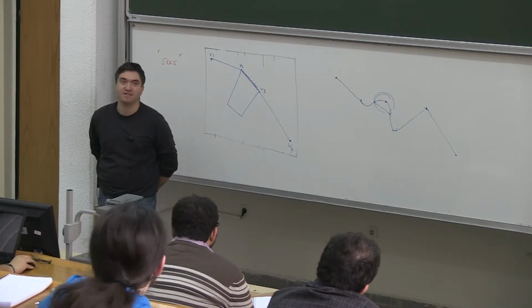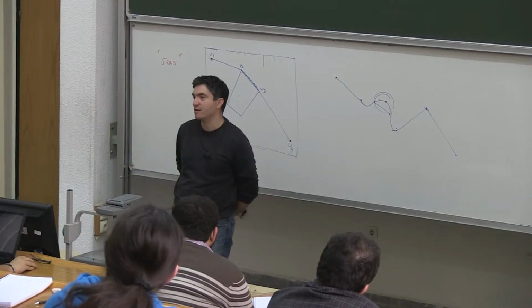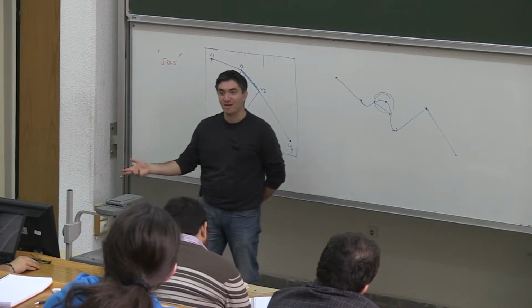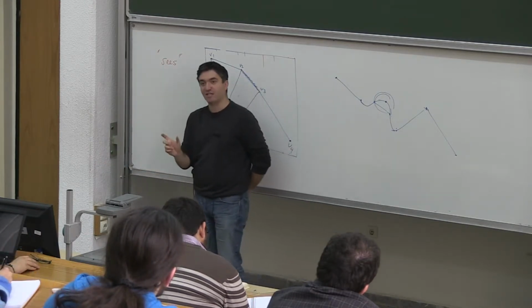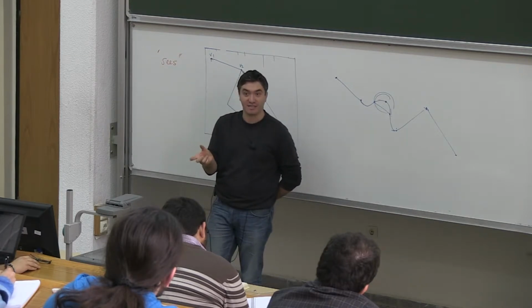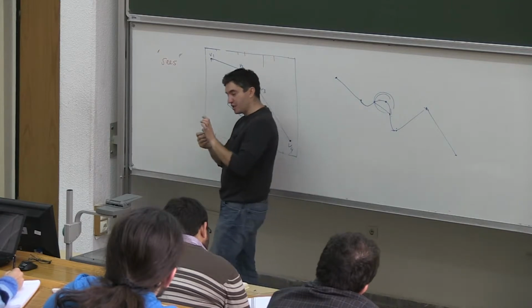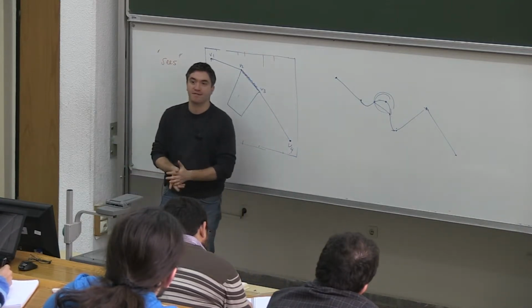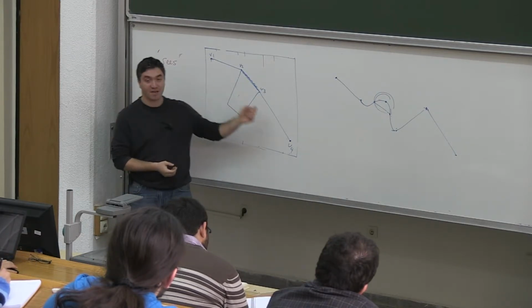And if we have this visibility graph, our problem then reduces to running Dijkstra's shortest path algorithm on this visibility graph. The weights of the edges are going to be the Euclidean distances between the two vertices. By finding the shortest path on this visibility graph, you are going to find the shortest path between your start and your goal.